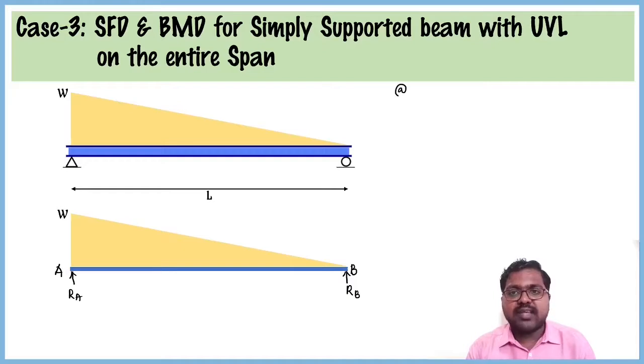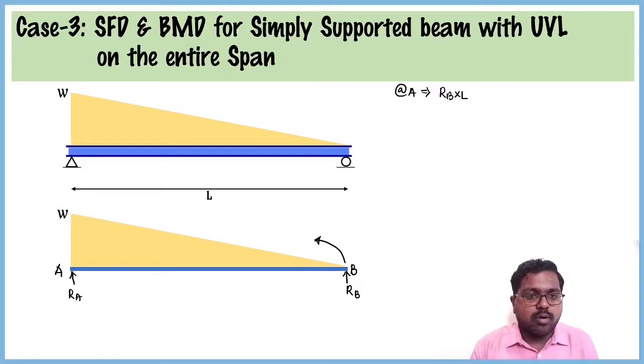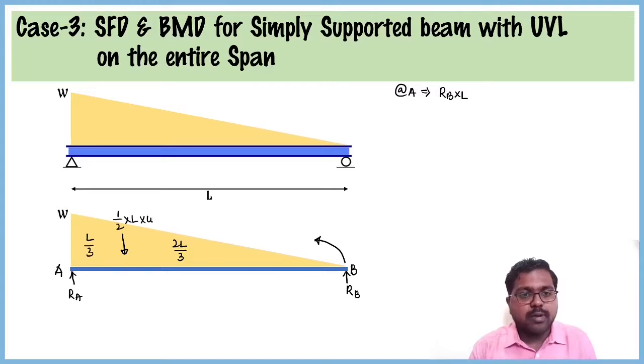So sum of the moments at A, which is RB into L, which is creating an anti-clockwise moment on the right hand side, so it is positive, and the total load which is acting at 1/3 distance, that is L by 3 and 2L by 3, is equal to half into base L into W, that will be WL by 2.